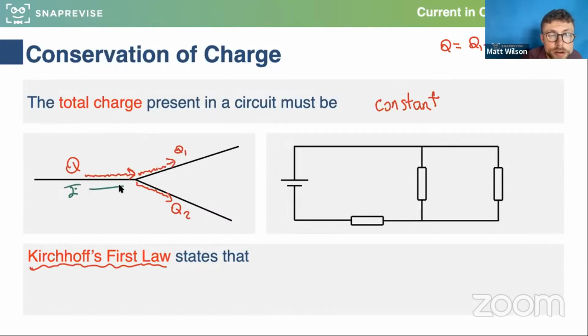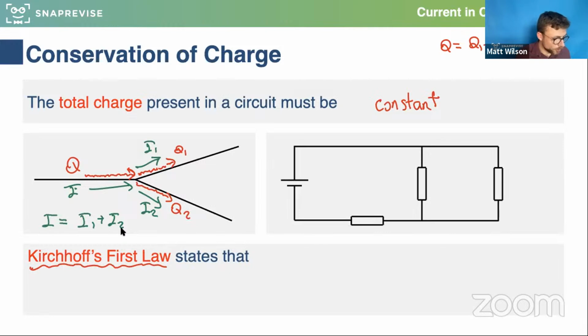Let's imagine I've got some current here that's flowing into the node. I know that some of the flow of charge is going to go this way, some of it is going to go that way, but it's all charge, and conservation of charge says the current that goes in should be the same as the current that comes out. So that's Kirchhoff's current law, based on conservation of charge. Yeah, exactly, absolutely right.